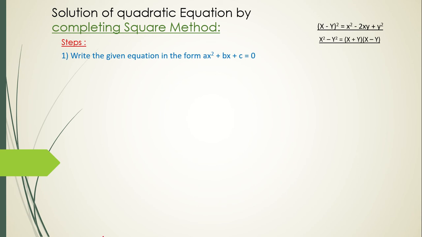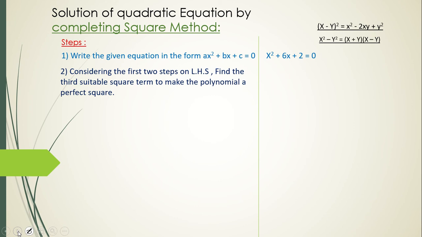If it is not given in this form, you write it in this form first. Here the example is x square plus 6x plus 2 is equal to 0, and you see the coefficient of x square is 1. If it is some other number, let's say 3 or 4, you divide throughout by that number so that the coefficient becomes 1.